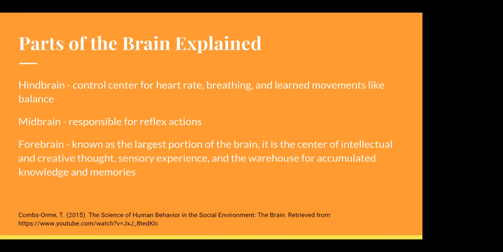That's like your fight or flight response that you get when something happens and you don't really know what to do. And then your forebrain, which is known as the largest portion of the brain, and it's the center of your intellectual and creative thought, your sensory experience, and the warehouse for accumulated knowledge and memories.